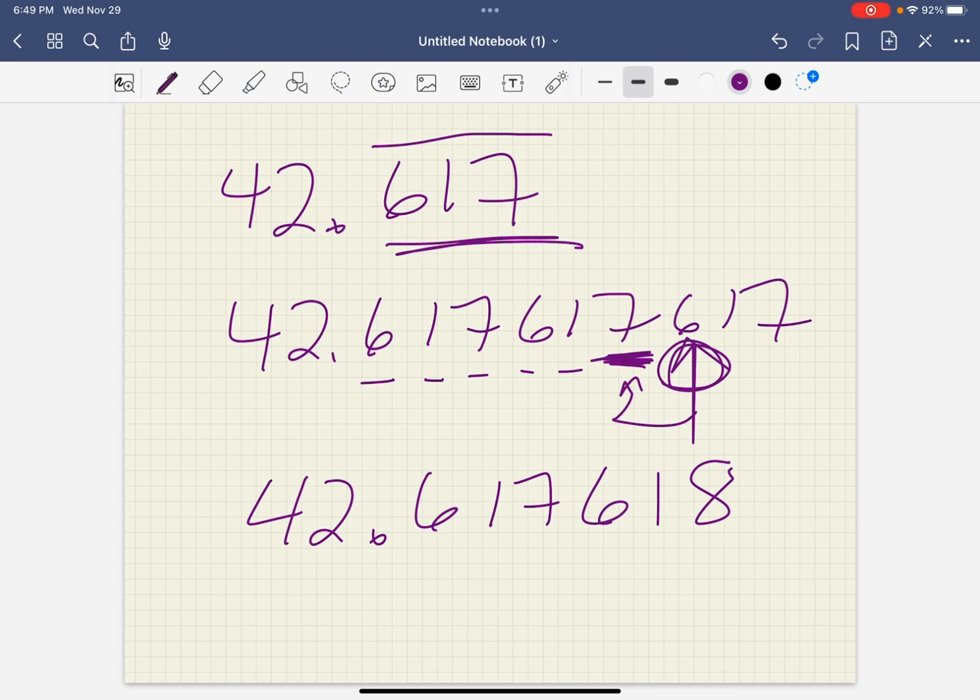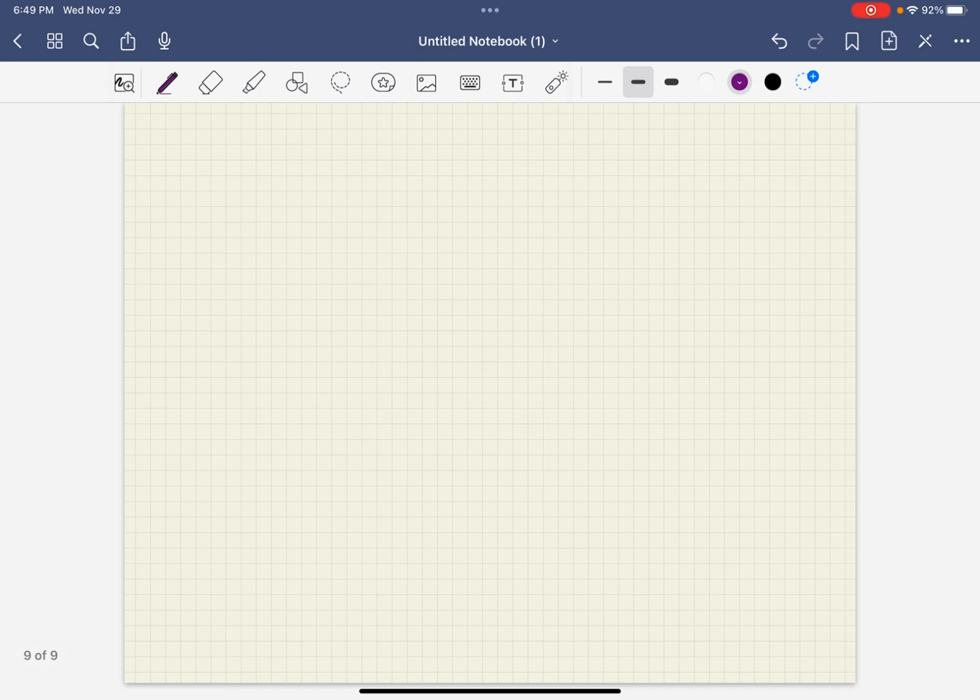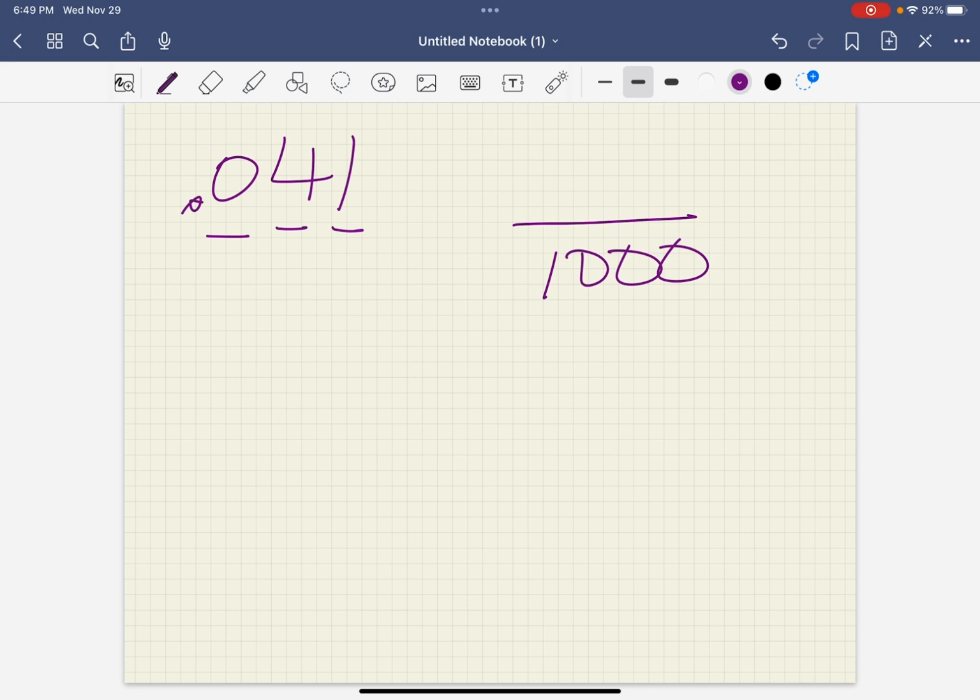All right, a couple more problems on this lesson on page 57. It says write 0.041 as a fraction. We'll count. It's the tenths, the hundredths, the thousandths. So the denominator will be 1,000, and you write this number in the numerator.